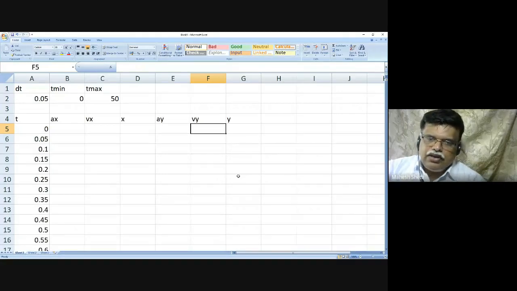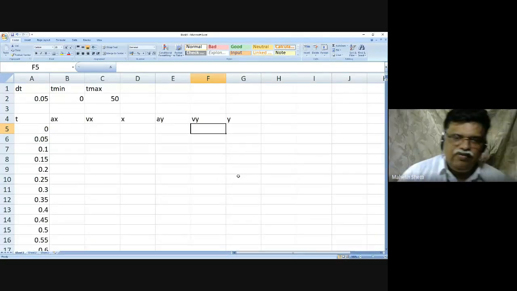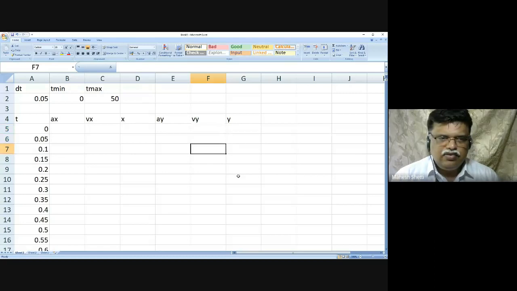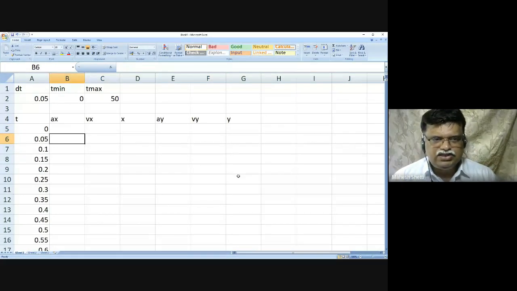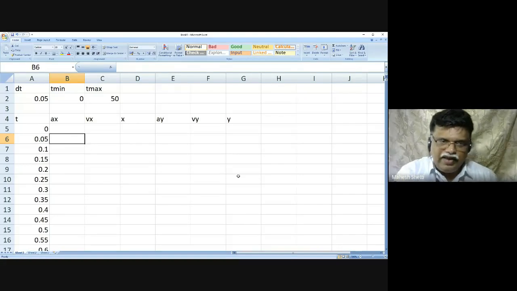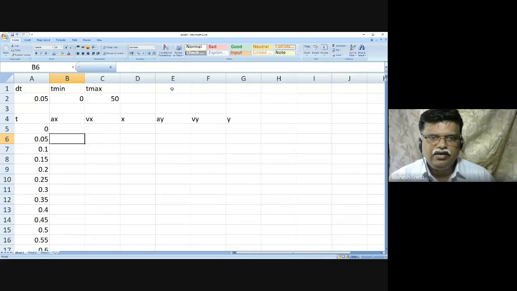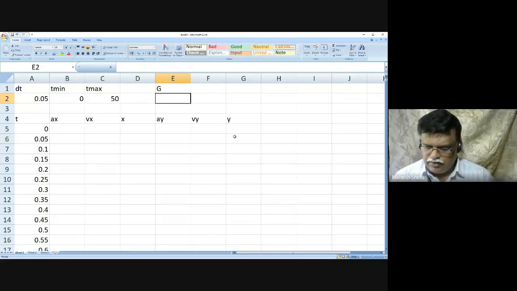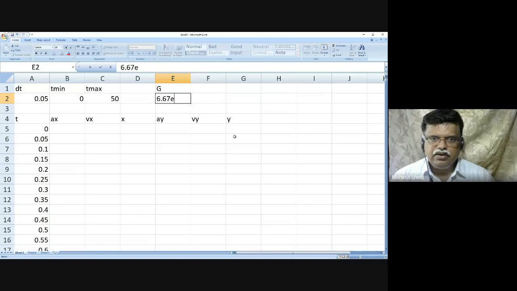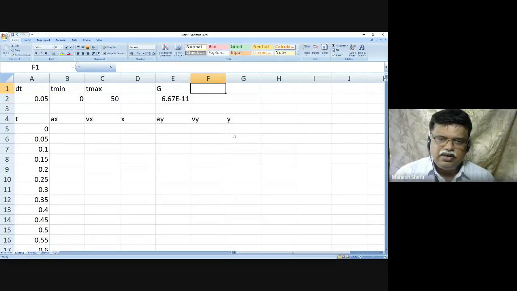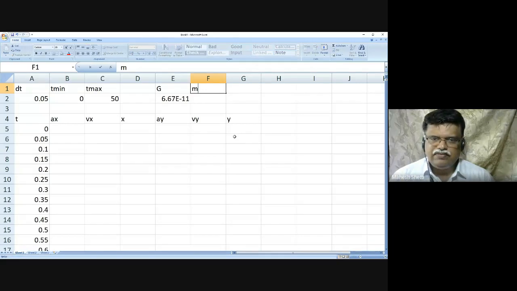Okay, now let us first write what the expressions for acceleration are going to be. So that is what we calculated. Acceleration, I want to write minus G. Now let me write G somewhere here: 6.67 e minus 11. I'm right now using the mass of the sun.